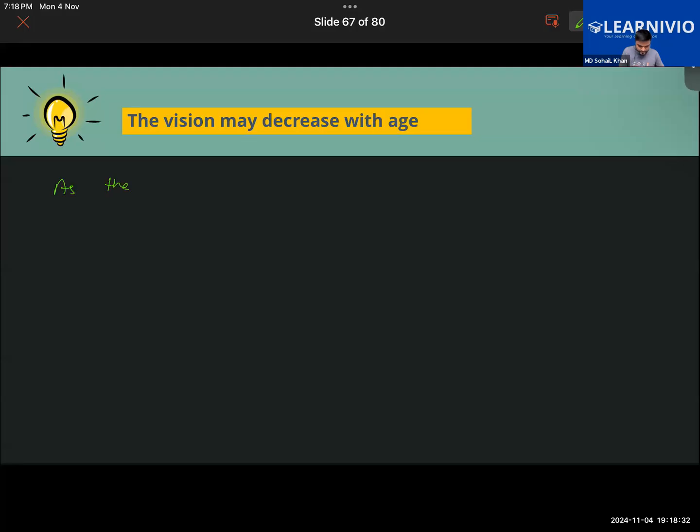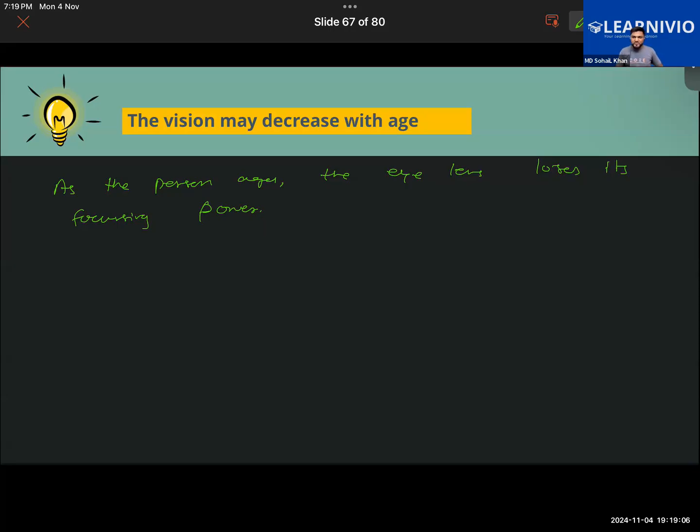As a person ages, the eye lens loses its focusing power. Apart from that, there are several other reasons why the eye lens will not work properly, such as infections, or a change in the shape of the eyeball.